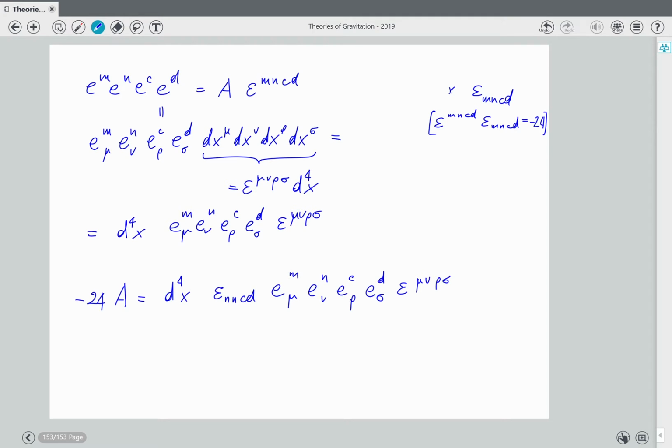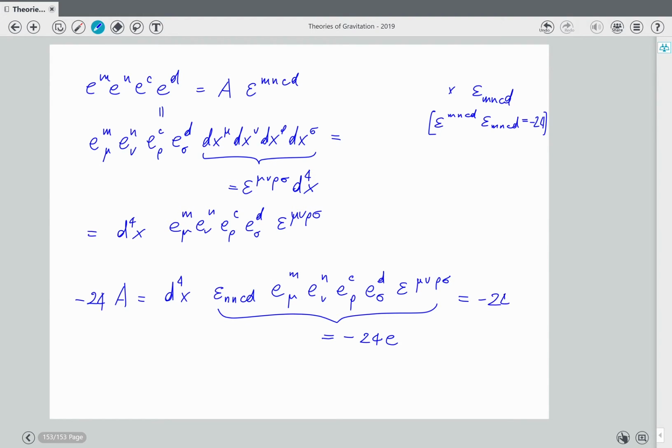Now you might have recognized that this is a way to compute the determinant of the matrix. The determinant of the matrix is what we called E, and this is minus 24E.